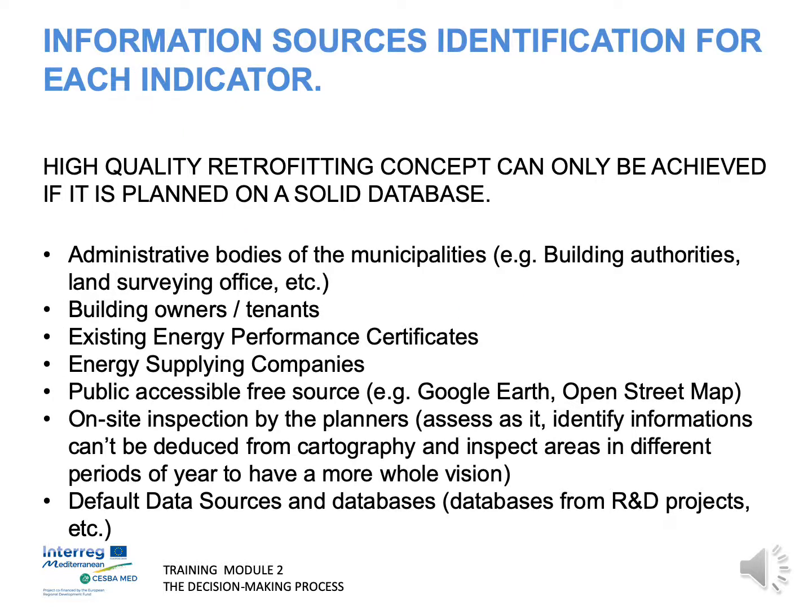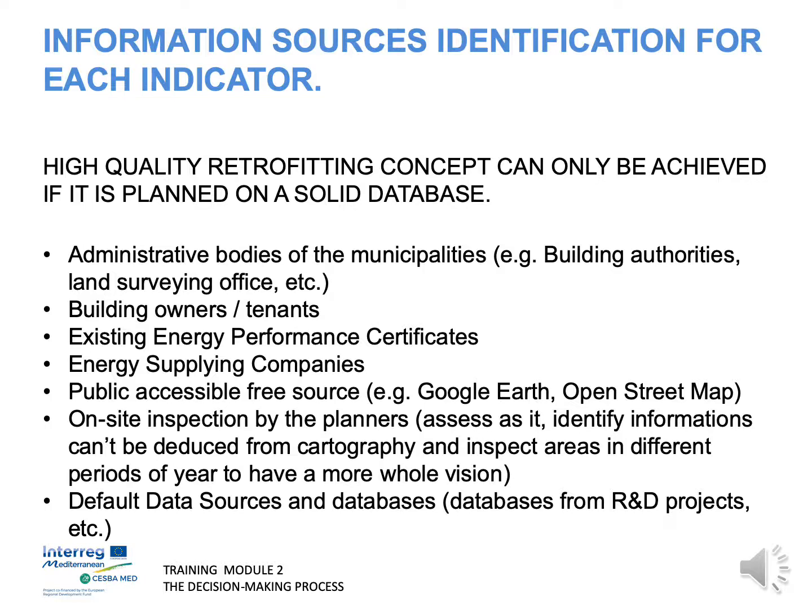As part of this second phase within this decision-making process, one would need to identify important information sources for each indicator. In fact, a high-quality retrofitting concept can only be achieved if it is planned on a solid basis. In fact, here we see a number of information sources which can be useful in order to guarantee such a high-quality retrofitting concept.